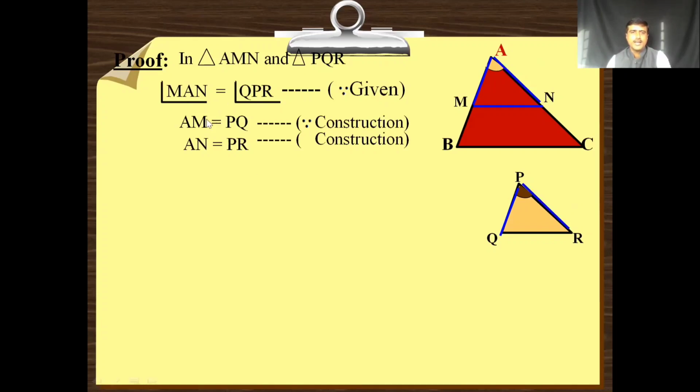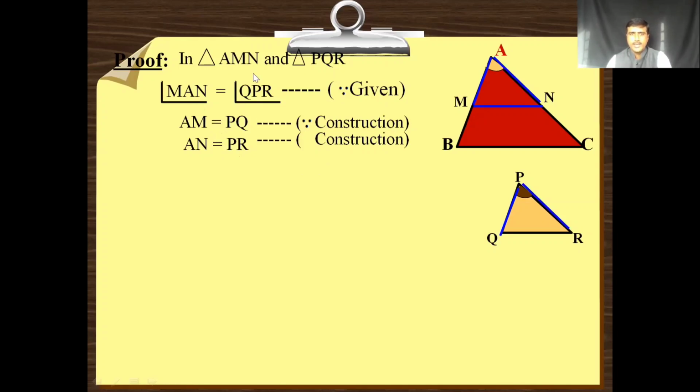So that means with that, here are the two sides and the angle. In the two sides, consider the common vertex is A in one triangle and the common vertex is P in the other triangle. And the same angle we are considering, A and P. That is what we call the included angle.